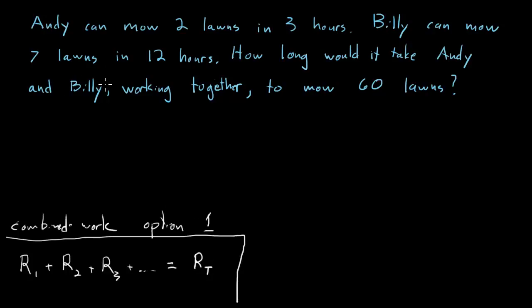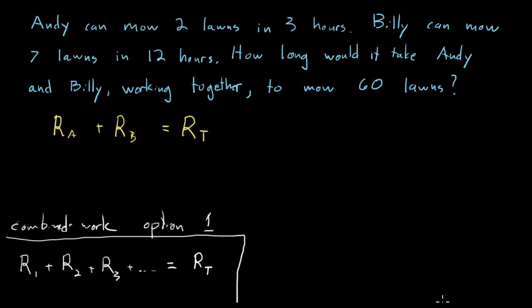So here for Andy and Billy, we can use this fundamental principle of combined work, that we can add their rates. So our template formula will be this. We're going to take Andy's rate and add Billy's rate, and that'll give us our combined rate, the rate together. So what are their rates? How do we find their rates from this information?